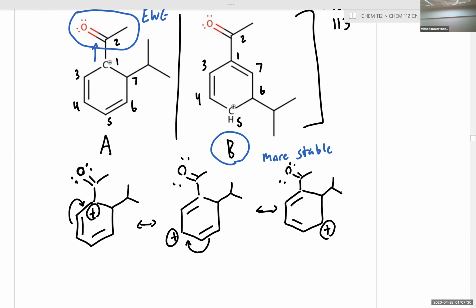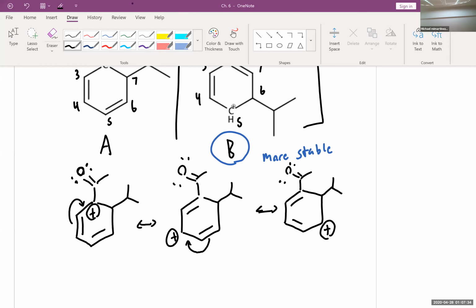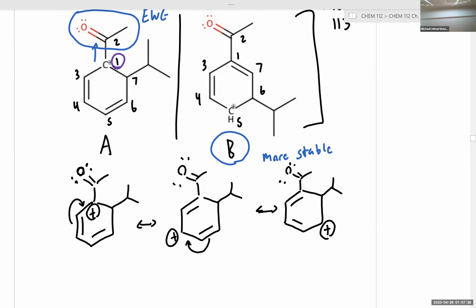Now, as we can clearly see, in A, we have a partial positive charge on atoms 1, 4, and 6. And the main issue is that we have our electron deficient atoms adjacent to an electron withdrawing group. That's why carbocation A is less stable.